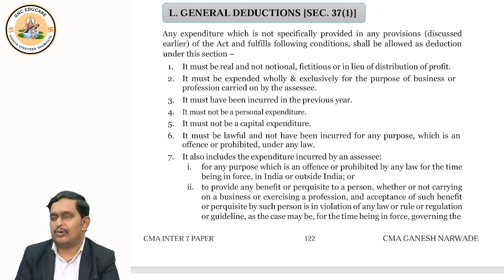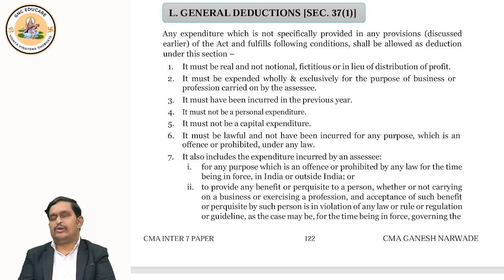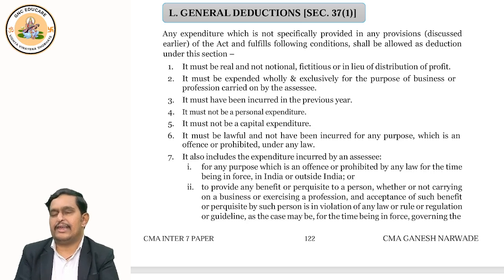So we discussed so many things in 36; 37 and 38, only 2 sections left. Concentrate. What they said? Section 37 says: are you incurring an expenditure? Listen carefully. Are you incurring an expenditure? Yes. Is it for the purpose of business? The answer is yes.